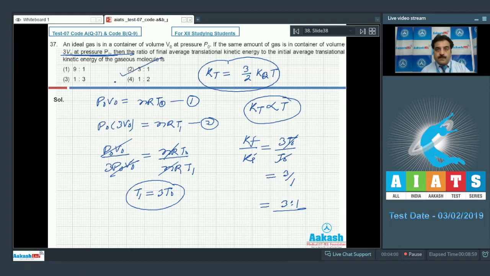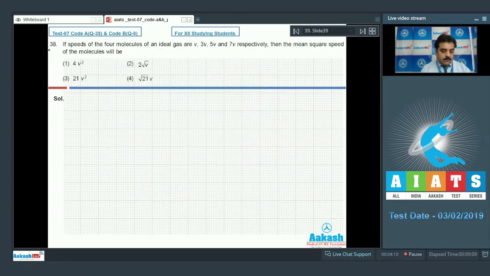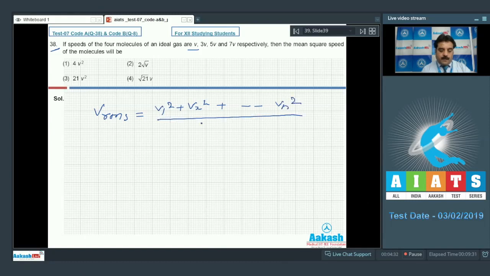So let's move on, question number 38. If the speeds of 4 molecules of an ideal gas are V, 3V, 5V and 7V, then the mean square speed of the molecules will be. You know the mean square speed of molecules is given by V1 square plus V2 square and so on up to nth, divided by the number of molecules.